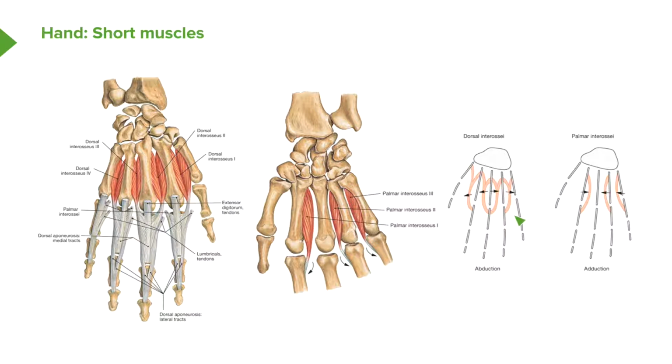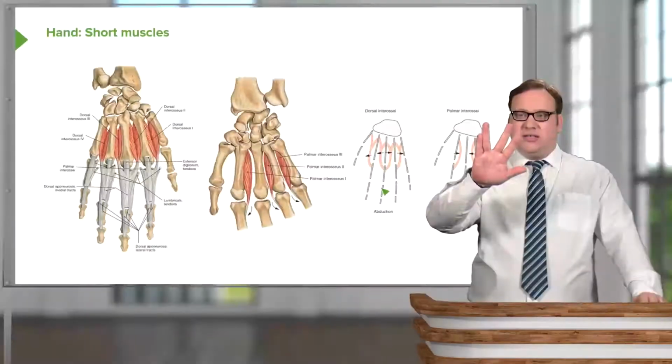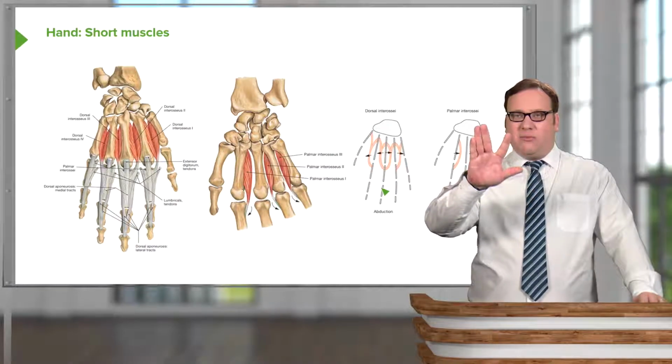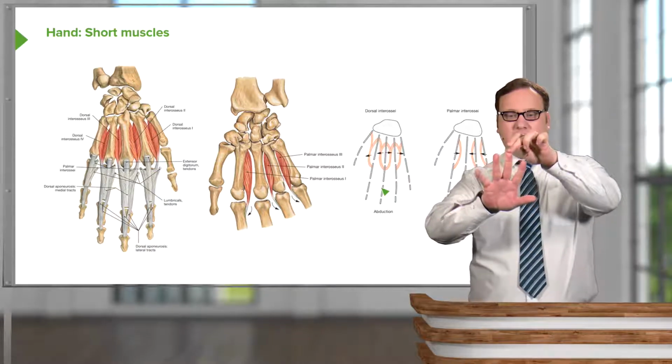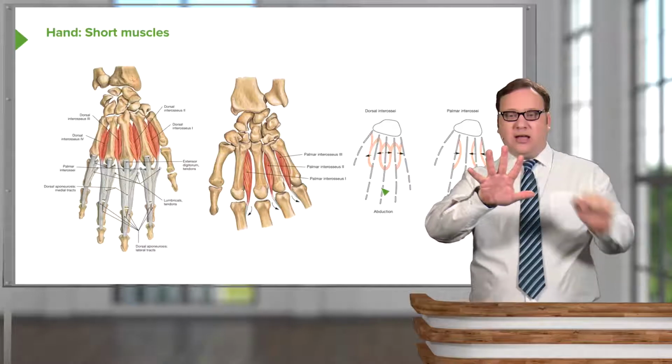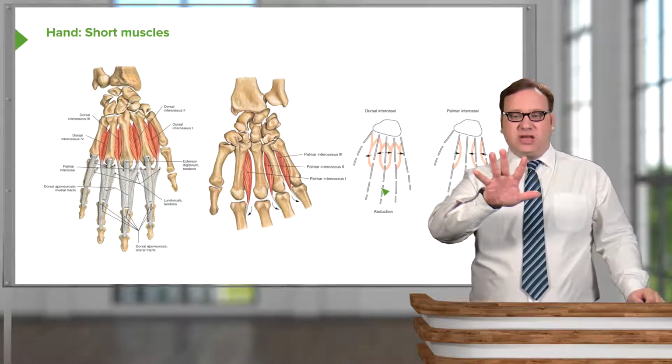For the fingers, we don't talk about abduction and adduction as moving them towards the midline of the body. We talk about moving away from this axial line. Therefore, the middle finger can abduct this way and that way, whereas the other fingers will all abduct away from this axial line. The middle finger can abduct away either side.